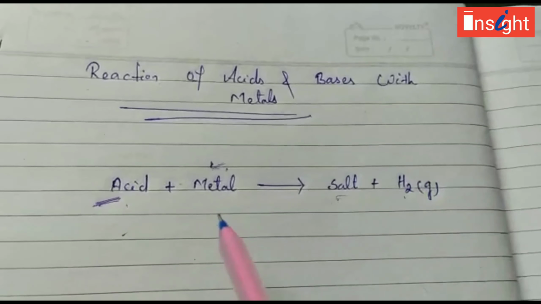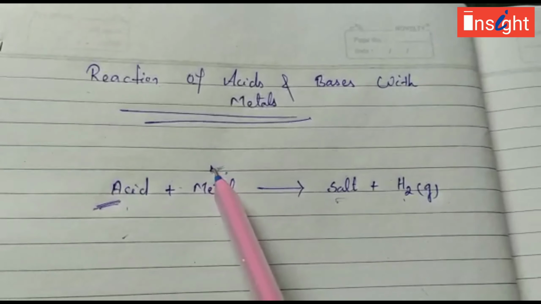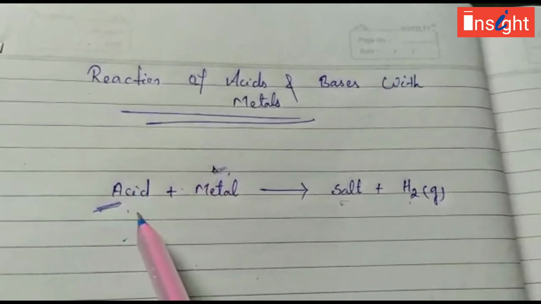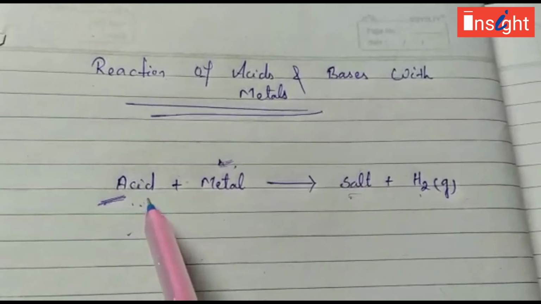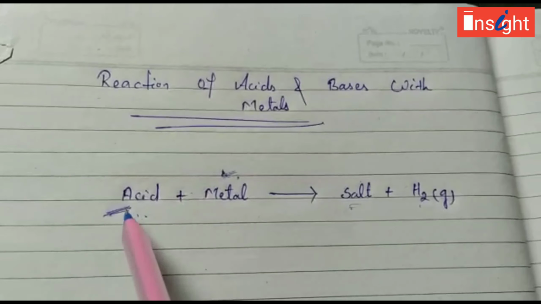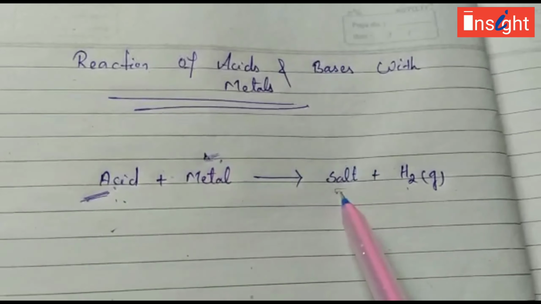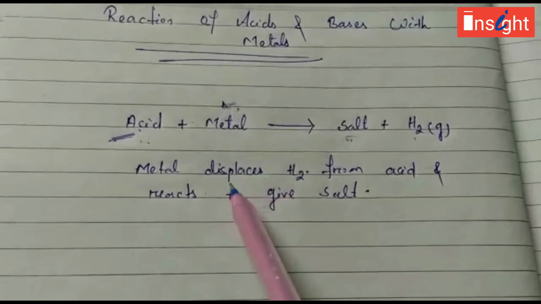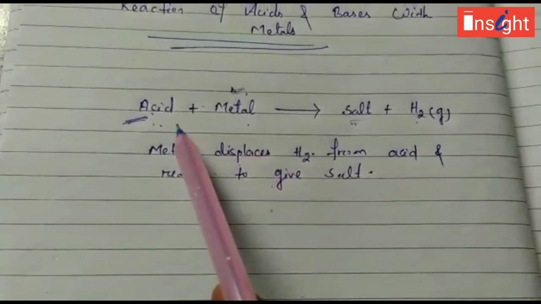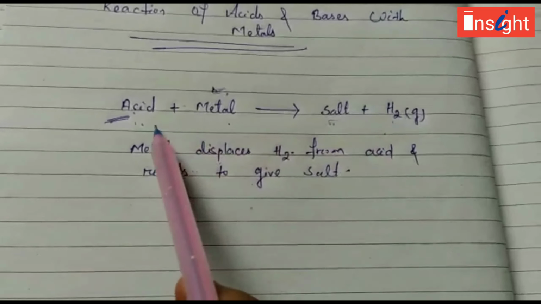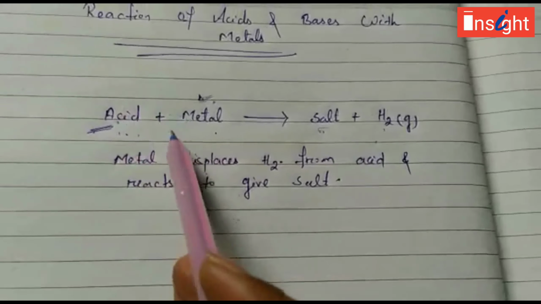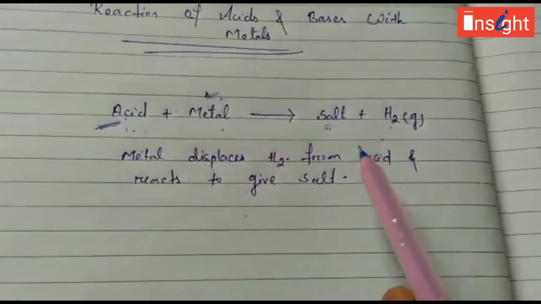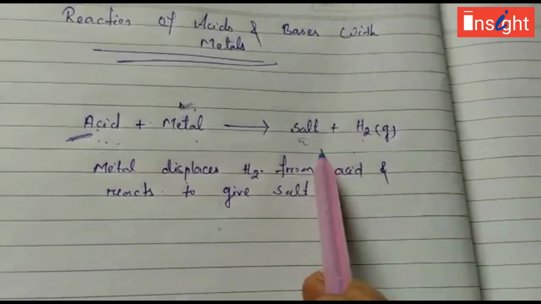Once again, the metal displaces hydrogen from the acid and reacts with the remaining part of the acid to form a compound. That compound is called salt.